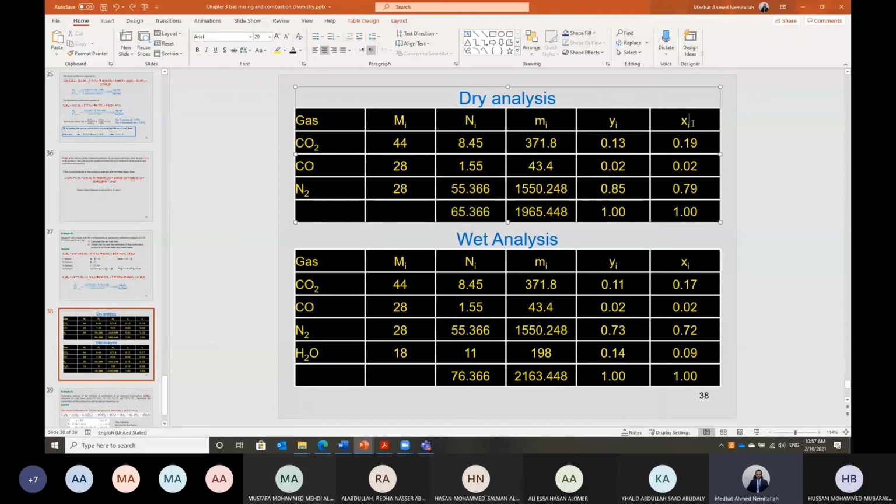The mass fraction for each component will equal the mass of each component divided by the total mass. Then we can get the dry product analysis based on mass fraction, on a mass basis, Xi, and also the volumetric analysis based on the mole fraction, which is Yi in this case. Is that clear, guys?